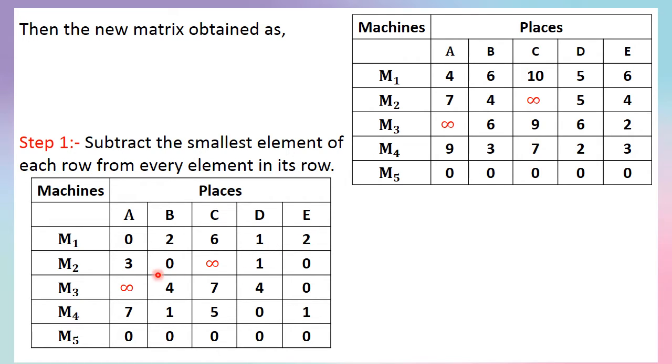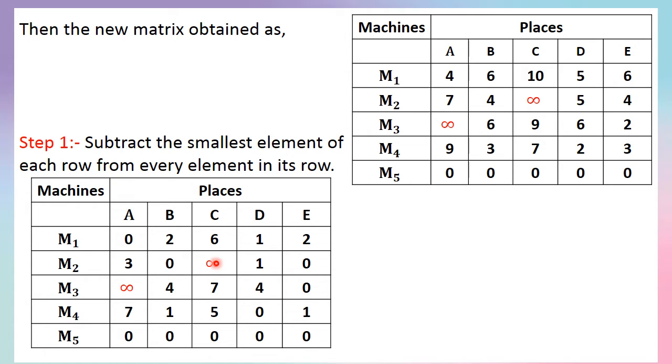Similarly the second row has the minimum element 4. So we will subtract 4 from all the elements, and you can notice that there is no change written here in the place of infinity because infinity is such a big number. There is not much change when we subtract 4 from infinity.